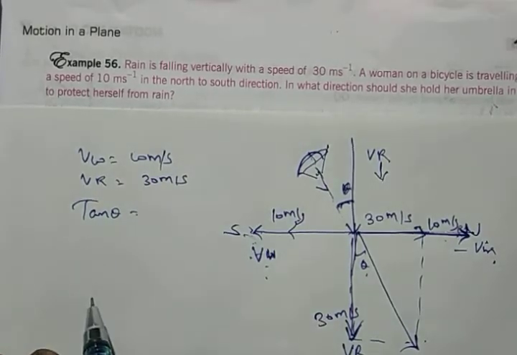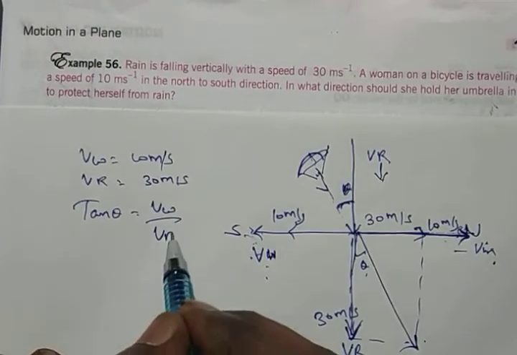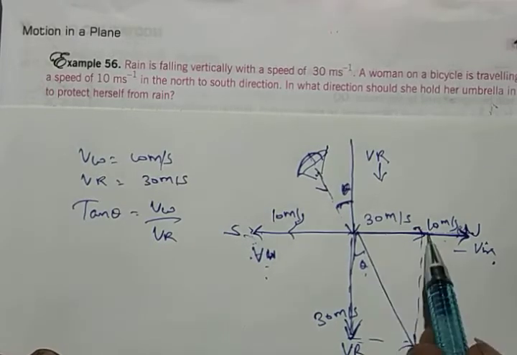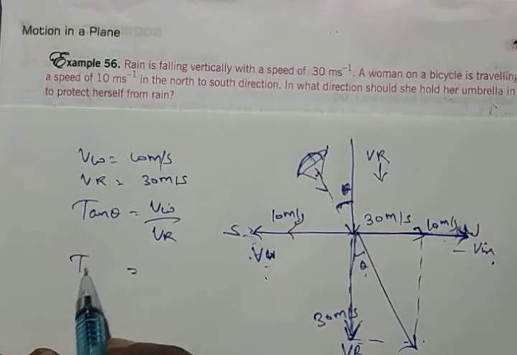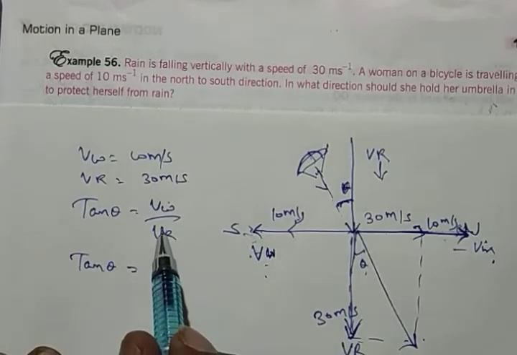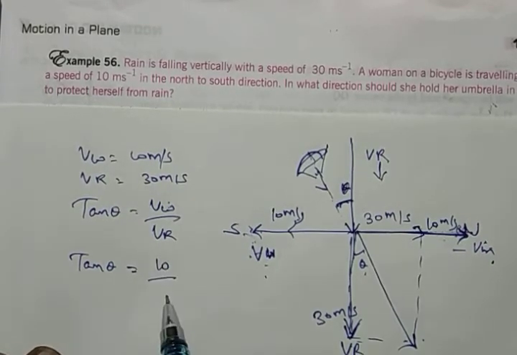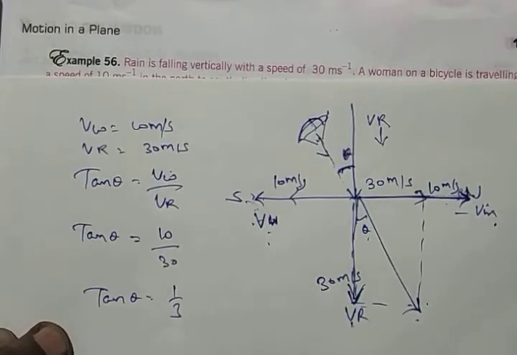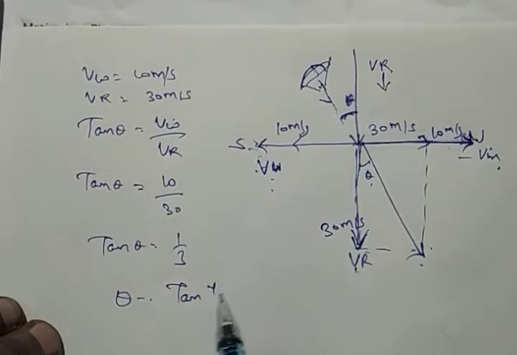And tan theta is going to be velocity of the woman upon velocity of the rain, because tan theta is opposite upon perpendicular. So tan theta is 10 upon 30. So tan theta is equal to 1 by 3. Theta is equal to tan inverse of 1 by 3.